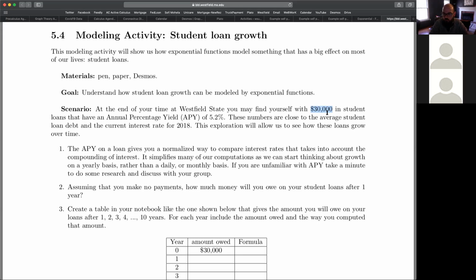It's possible that you're offered a 1 year deferral, so this would be a way to calculate what that deferral would cost you. If you made no payments for a whole year and your APY was 5.2%, any ideas, Carrie or Nick? What do you think?